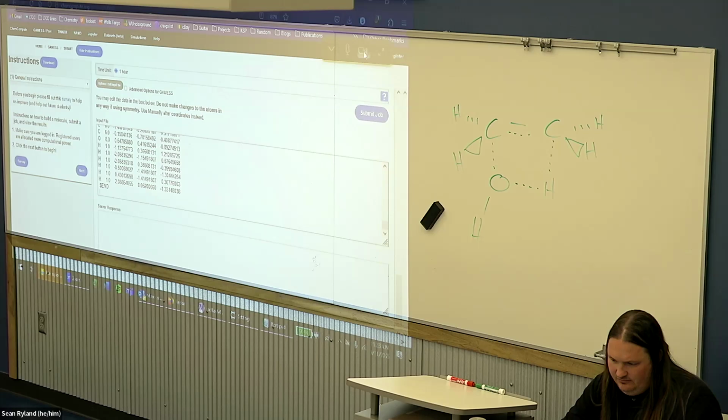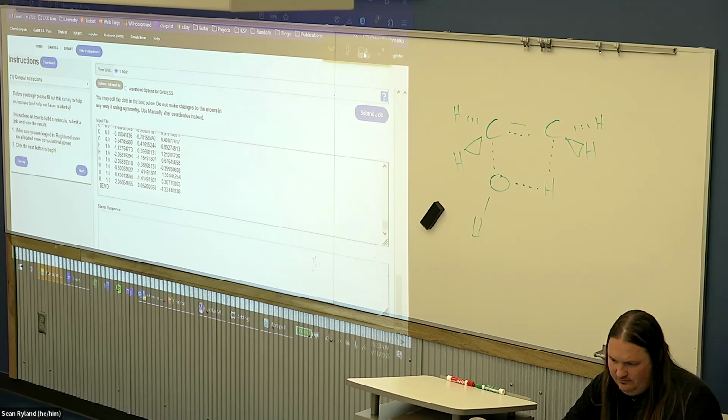Right. And so once you think you've got a good starting point for that, you copy your coordinates. And this is actually the easy part. Once you have your sample input file built, don't change anything in it. Once you get it built in MacMol, go up to Edit and hit Copy Coordinates.